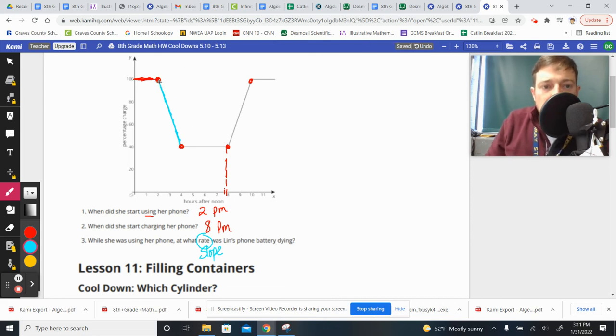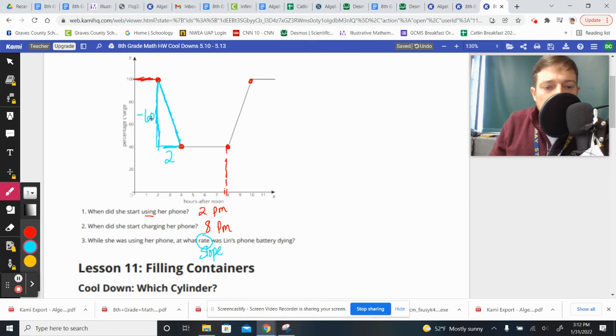So let's calculate that by drawing a slope triangle. We're going to go down, we're going to come over. We're going to find the slope of this line by drawing a slope triangle. So let's start with the vertical change here. It went from 100% to 40%, which is a loss of 60% of her battery charge. And this happened over the course of 2 hours.